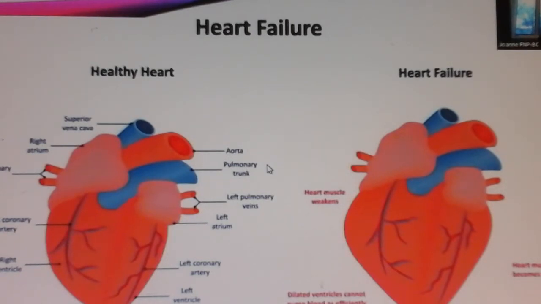So, left-sided versus right, signs and symptoms. So left-sided, just think of lungs. Left equals lungs. So L and L. So all the signs and symptoms of the lungs. So crackles, difficulty breathing when you're laying down, dyspnea, cough, lung things, right?